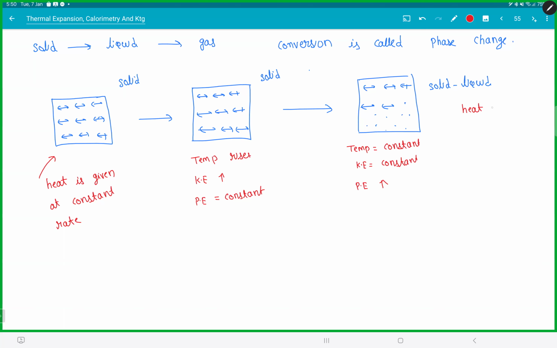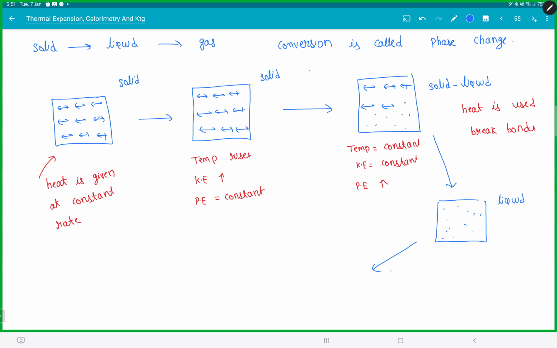So the heat is used to break the bonds. When you're breaking the bonds, potential energy changes. Basically, potential energy is the interaction energy, as the molecules are interacting by those bonds. And then it will come completely into a liquid. So the phase change is completed.